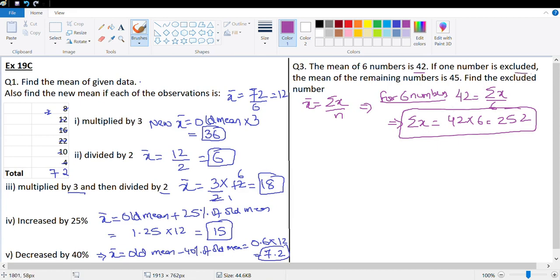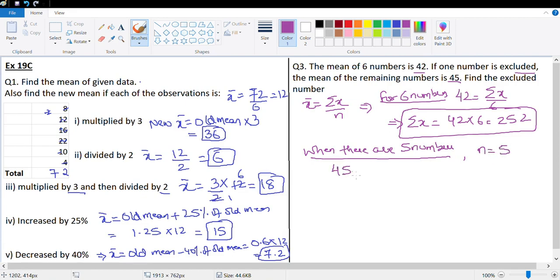If one number is excluded, the mean of the remaining numbers is 45. So when there are 5 numbers, right? If you exclude one number, we are left with 5 numbers, which means n is equal to 5. The mean is 45.